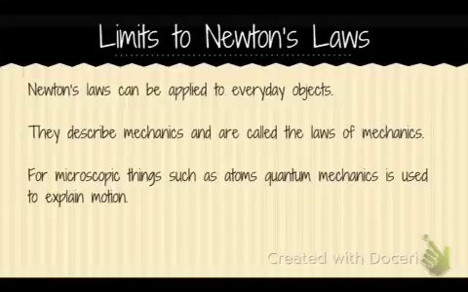So it doesn't apply on an atomic level. It only applies to what we call the macroscopic. The opposite of microscopic, which means small, macro means large. So macroscopic objects, large objects, are where we can apply Newton's laws. That is the limit for these. Quantum mechanics we don't get to in high school. You would learn about it if you took it at a collegiate level.